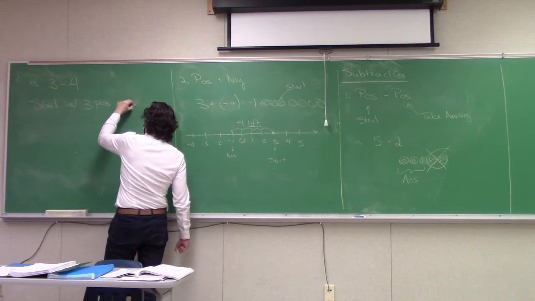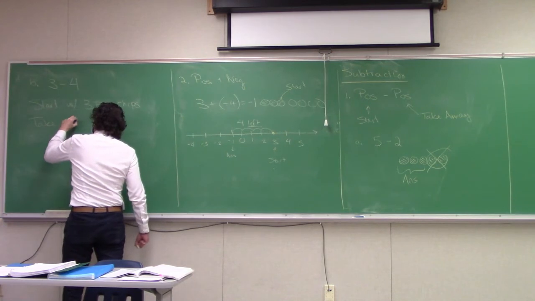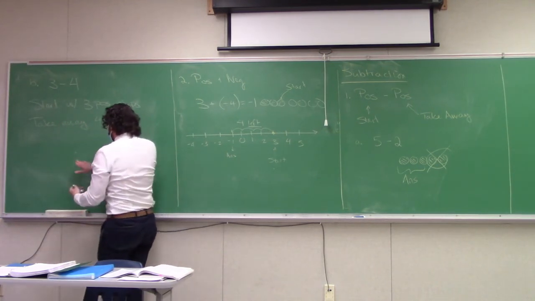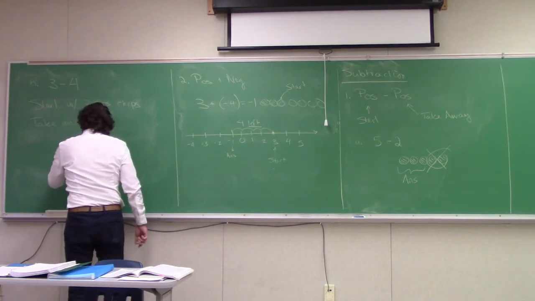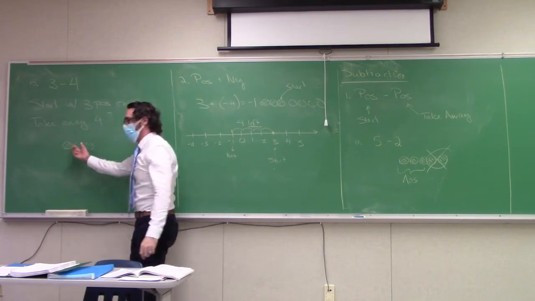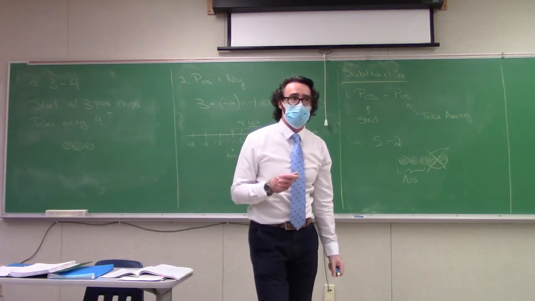So start with 3 positive chips. We're thinking take away 4. You might say, well, all right, 3 positive chips. I can't take away 4 because I don't have 4.